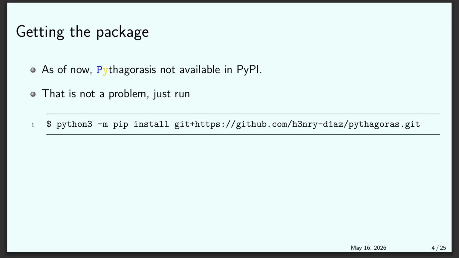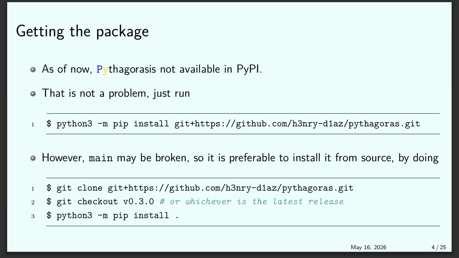You just do pip install git+ and the canonical URL. As of now, again, it's on GitHub, slash my username, slash Pythagoras.git. But this will get whatever is in the main branch right now, so most likely you don't want to do that, because it may be broken by the time you install it.